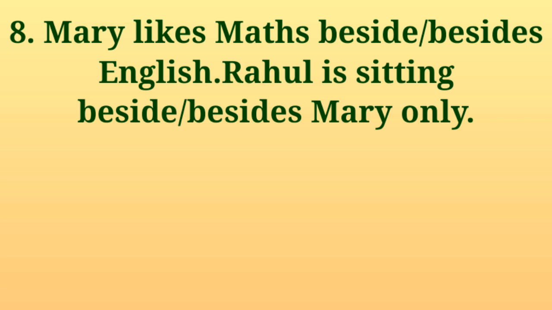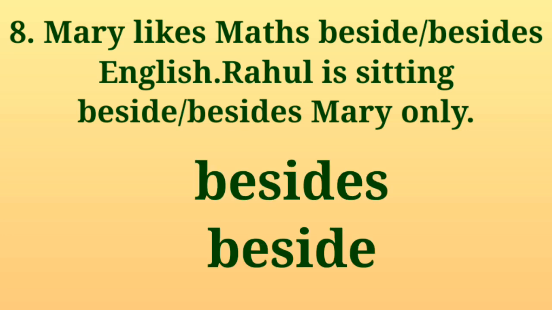So in the first, besides would come, and in the second, beside would come, as it means Mary likes maths besides English, means Mary likes maths in addition to English. She likes maths and English as well. And in the second one, Rahul is sitting beside Mary only, means Rahul is sitting next to Mary only.